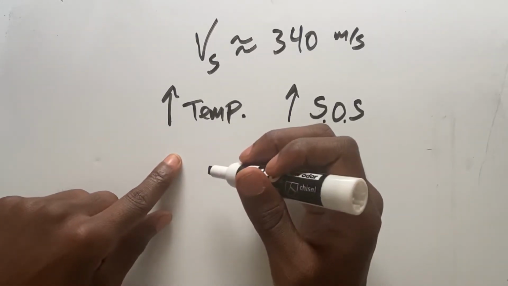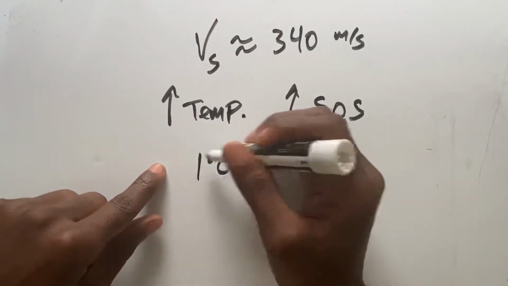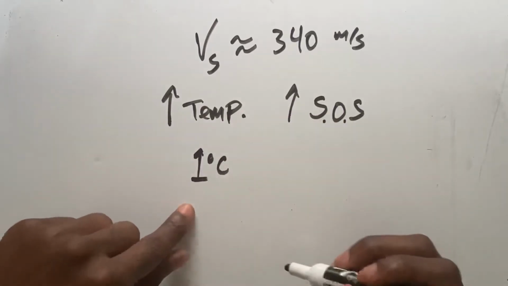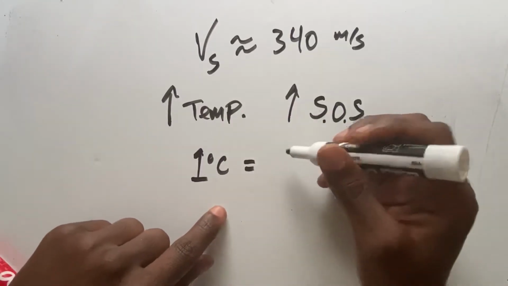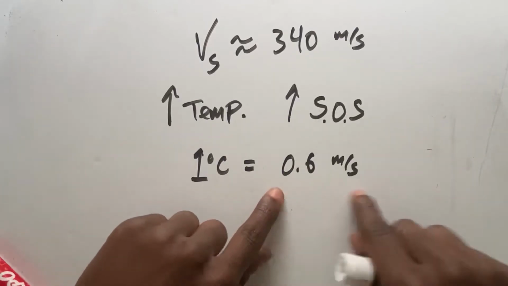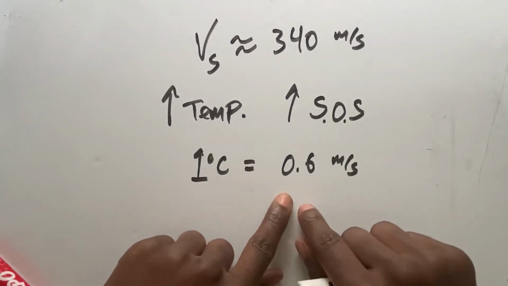If the temperature increases by 1 degree, a 1 degree increase is equal to a 0.6 meter per second increase in the speed of sound.